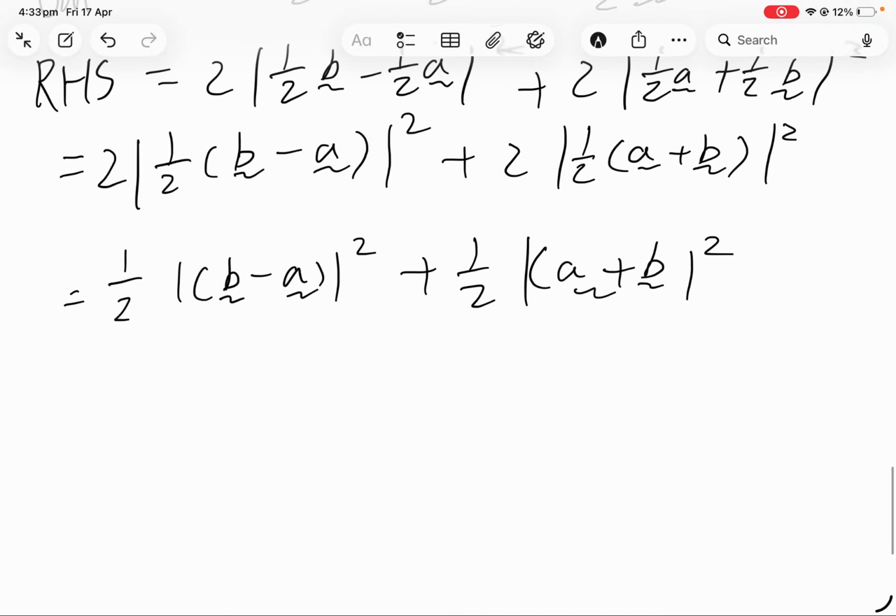So we can expand that to become b squared.